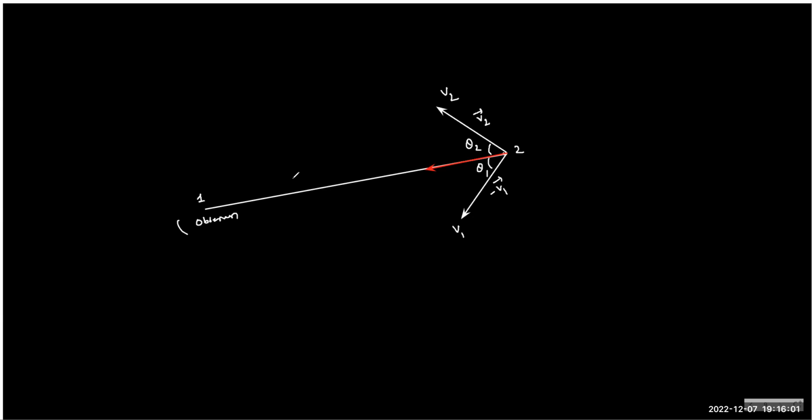Otherwise, there is no question of hitting, isn't it? Do you realize what I'm saying? So the condition for hitting. Siddhant, are you getting it? Rugved, what is the condition for hitting or collision?